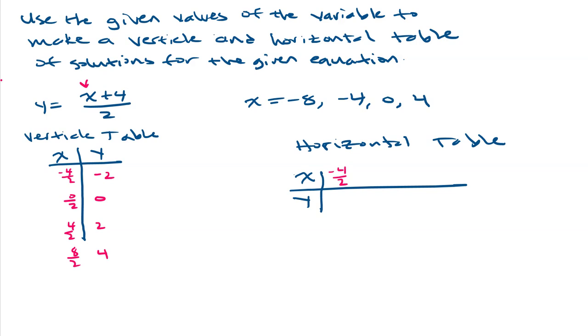Actually in this case, I'll just write down the x values that they gave us. So -8, -4, 0, 4, right? And then our output here will be -2, 0, 2, and 4.